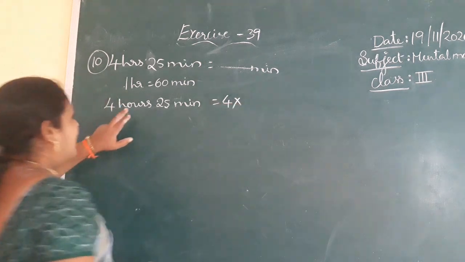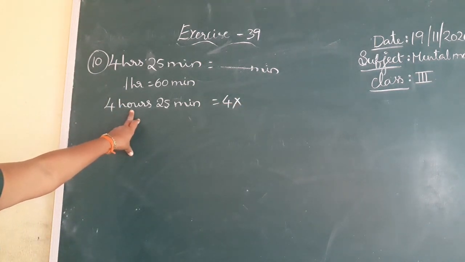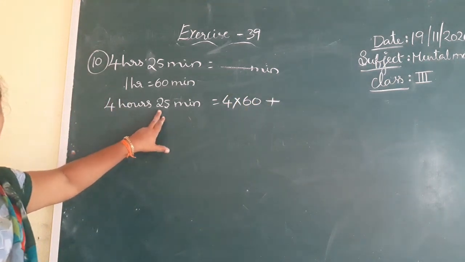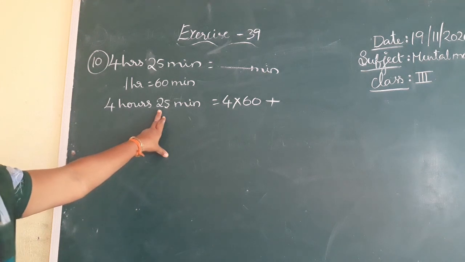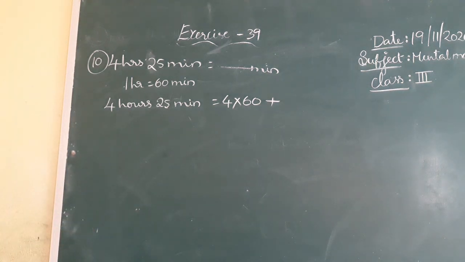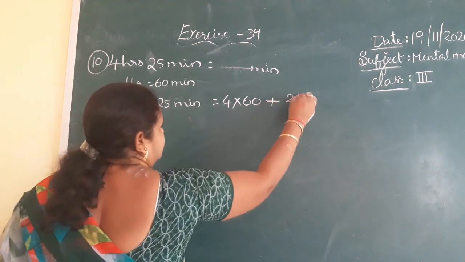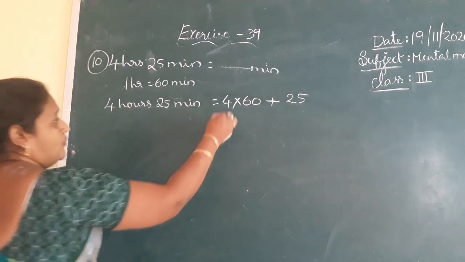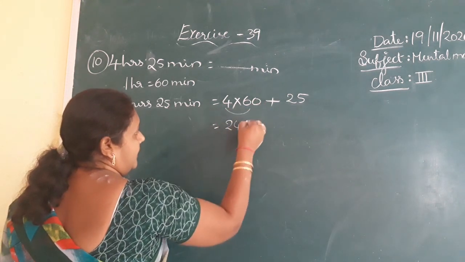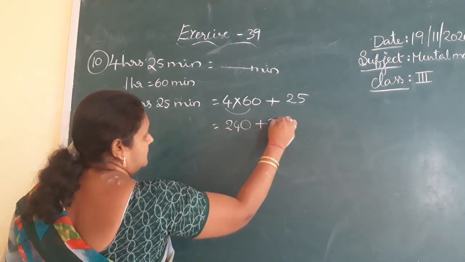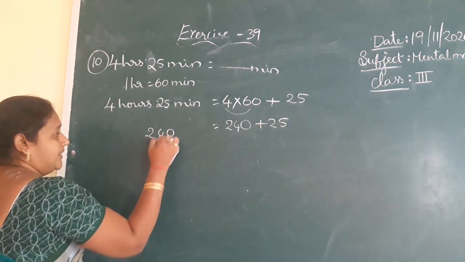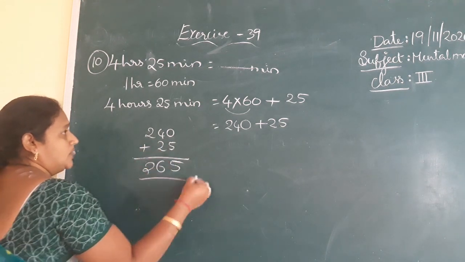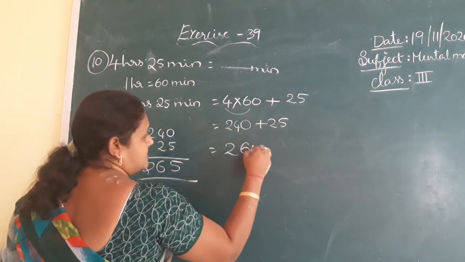So 4 hours 25 minutes is equal to 4 into 60, because 1 hour means 60 minutes, plus 25, since the 25 minutes is already given in minutes, so you have to add it. 4 into 60. 4 sixes are 24 and write this 0 as usual, so 240. 240 plus 25. 0 plus 5 is 5. 4 plus 2 is 6, then 2. 265 minutes you will get.